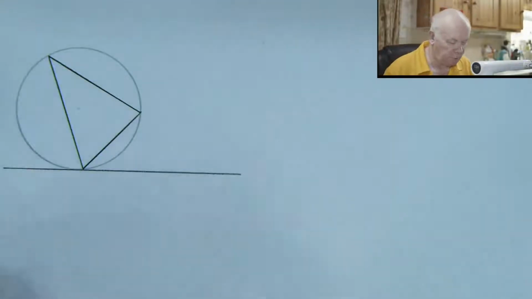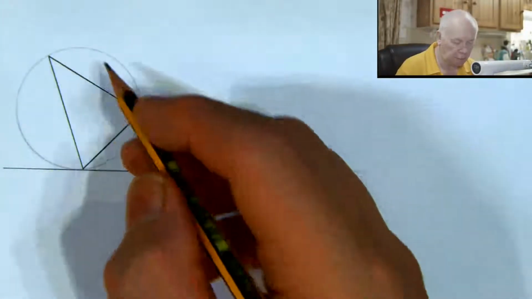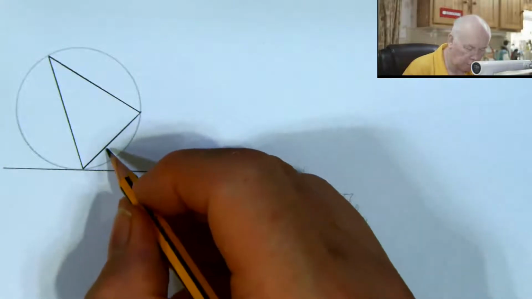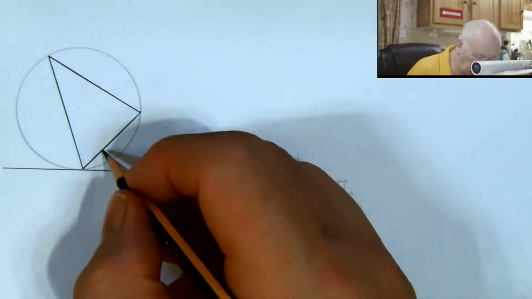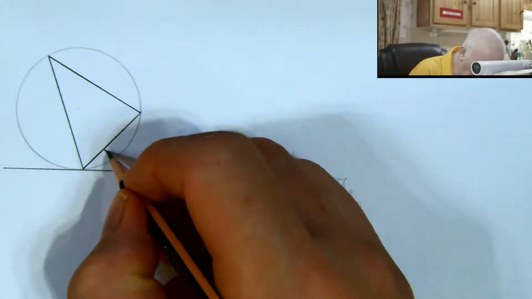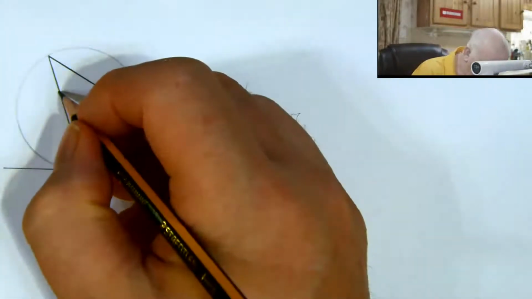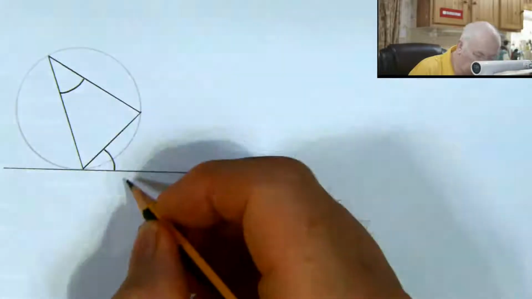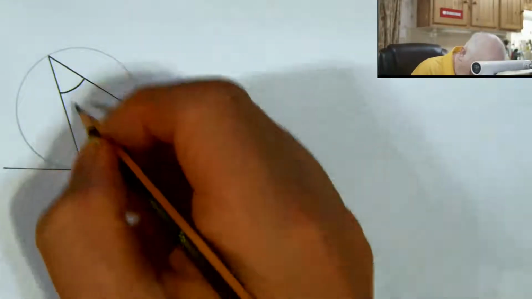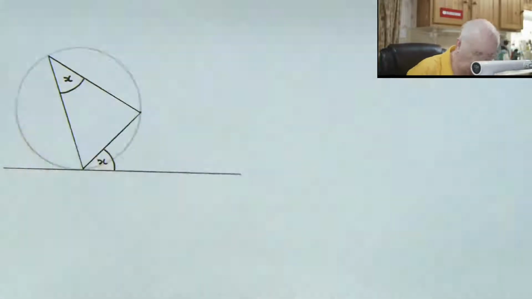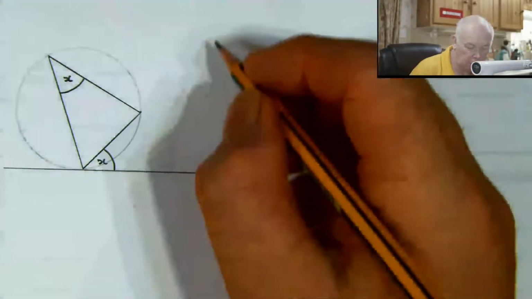This is known as the alternate angle theorem. Here we've got these two angles here, x and x, and they're equal.